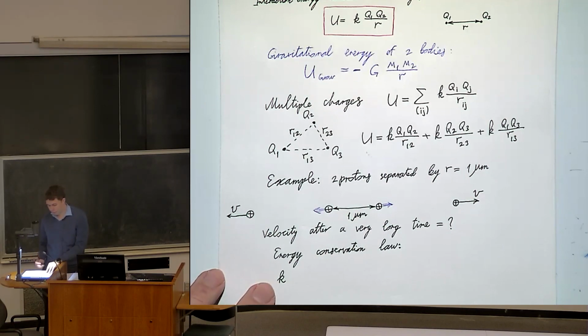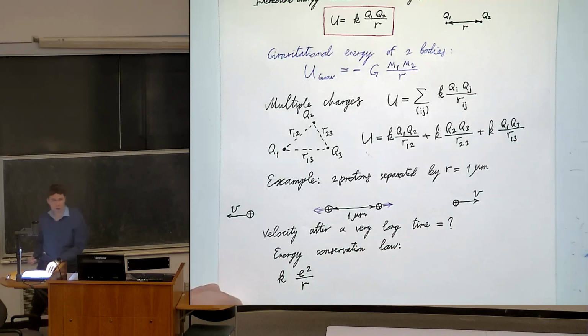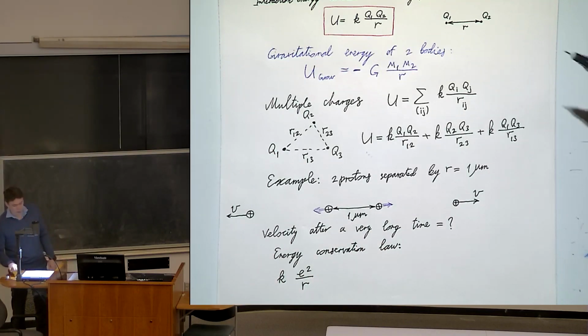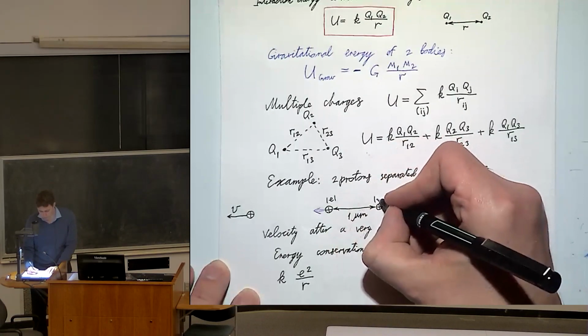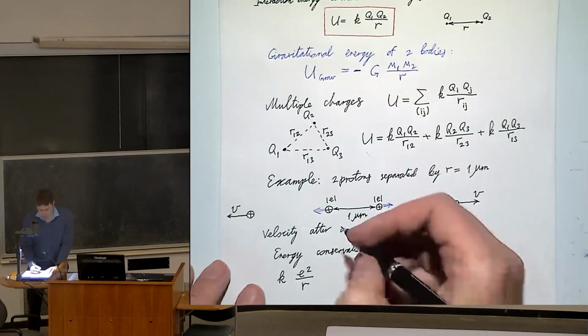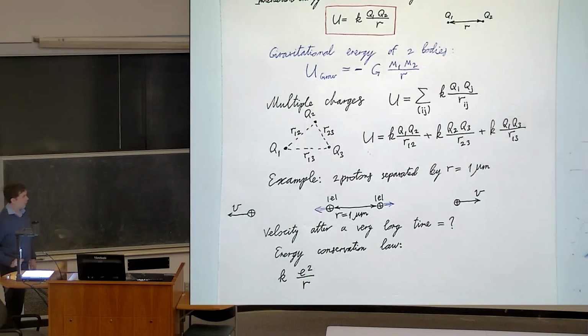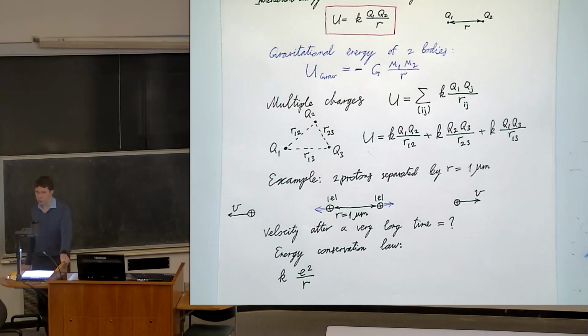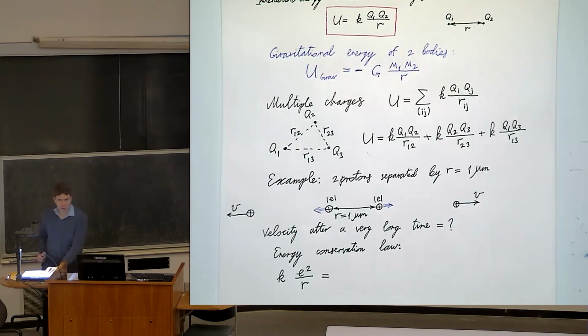So the initial energy of the system is Ke squared over R, according to the above formula at the top of the screen, because both protons have the same charge e. R is the distance, 1 micrometer, and they have no kinetic energy because they are at rest initially.